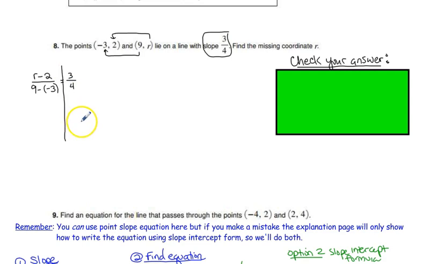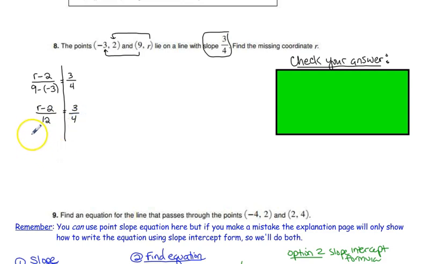So when you're looking at this, ask yourself, what's the one thing you can do? Well, that's r. I don't know what r is. 3/4 is just 3/4. But then notice 9 minus -3. We can simplify that. So r minus 2 over minus and minus is plus, so that's 12. Equals 3/4.